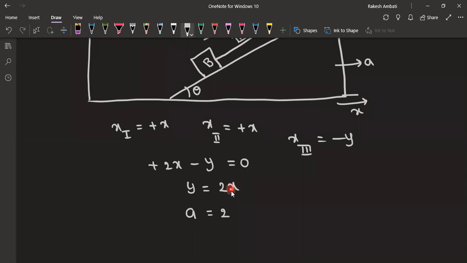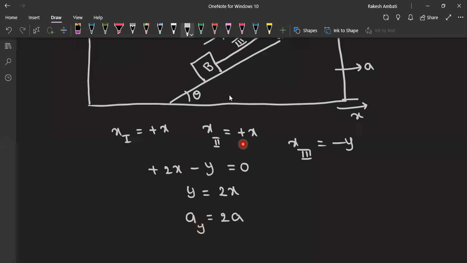Differentiation 2 times gives us this acceleration. Therefore, ay equal to 2 times a. But this ay, this acceleration, is because of the y change.